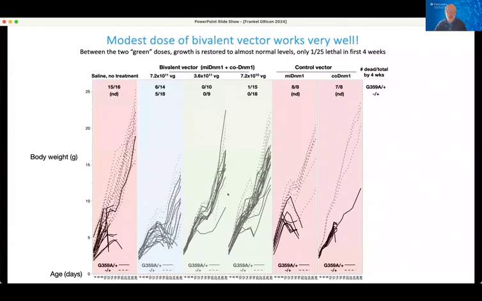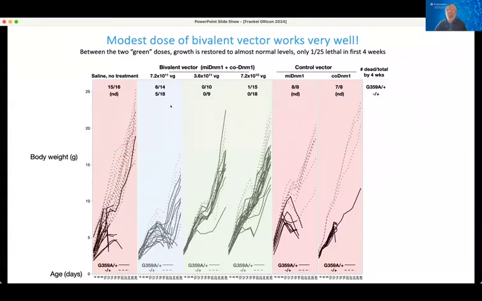And these green ones are what we're going to be focusing on. What is interesting is that at the high dose we chose, this is as much as we can get into the ventricle safely, more than half of the heterozygotes died. The rest of them lived, but almost a third of the wild type control mice died.